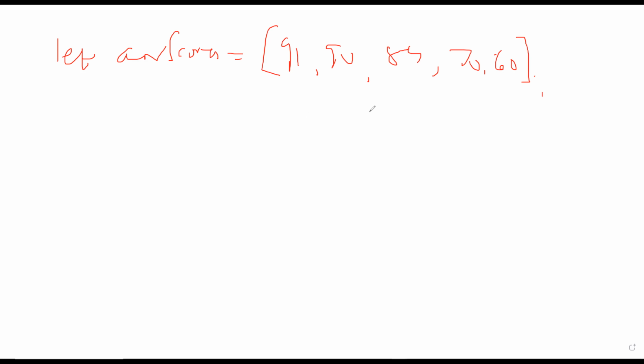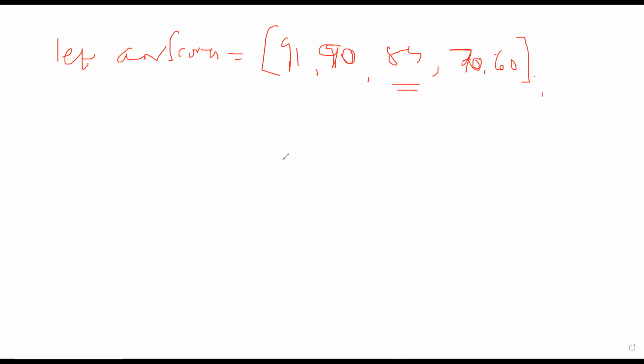Okay, before I go into that, I want to ask a question. This is 70 here, and this is 60. How do I call out 89? I want to access it. How do I access it?